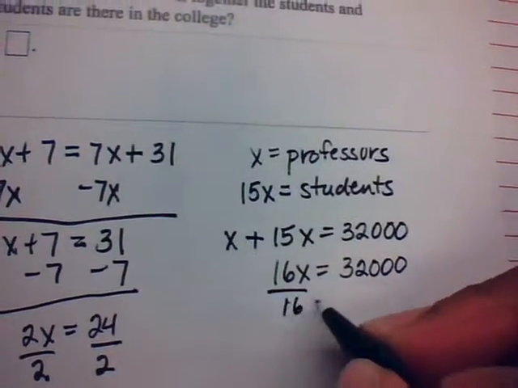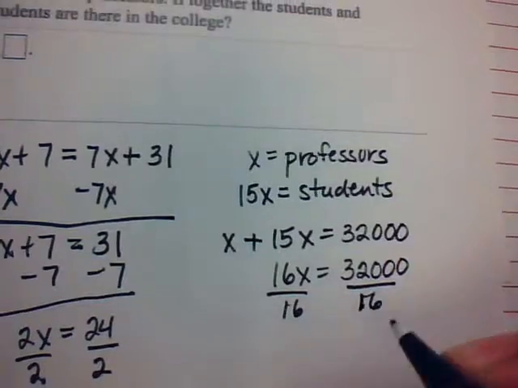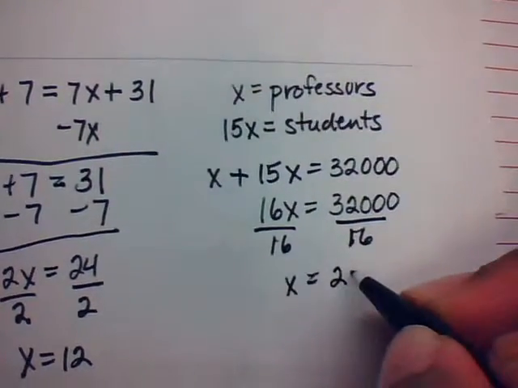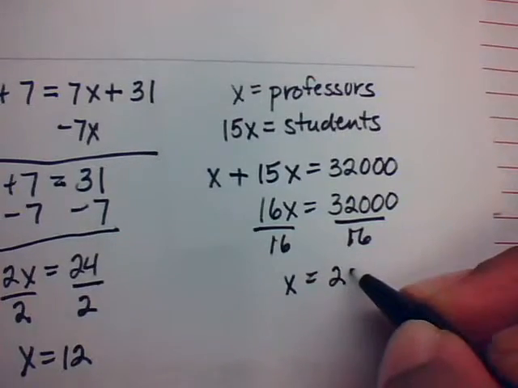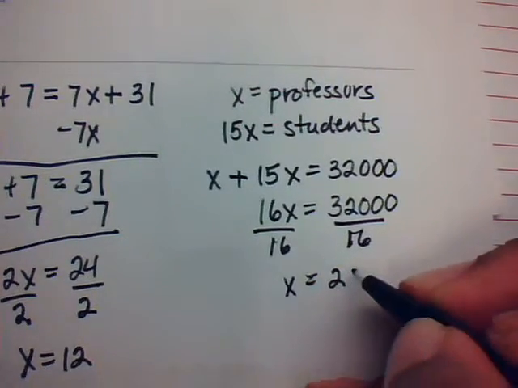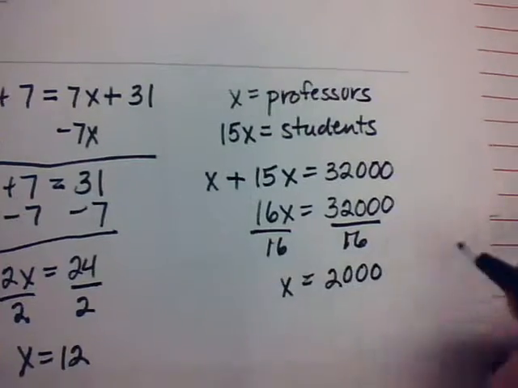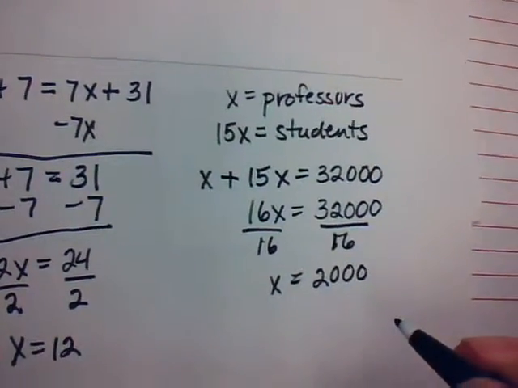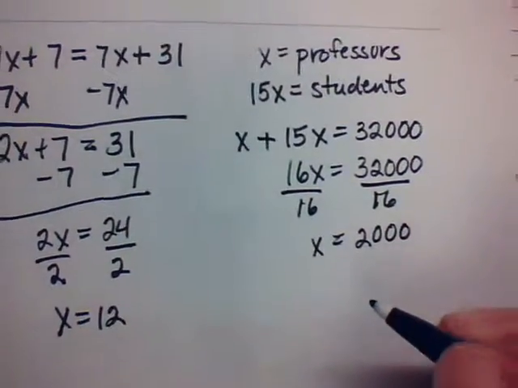And then divide both sides by 16. You'll get x is equal to 2,000. So that means that there are 2,000 professors on the college campus.